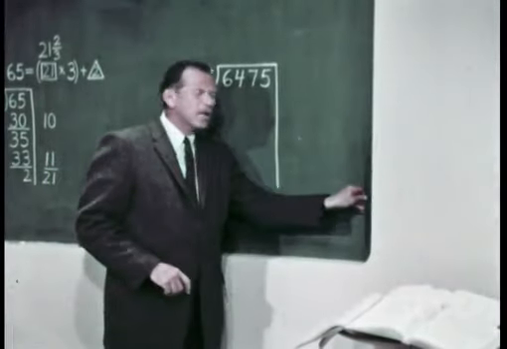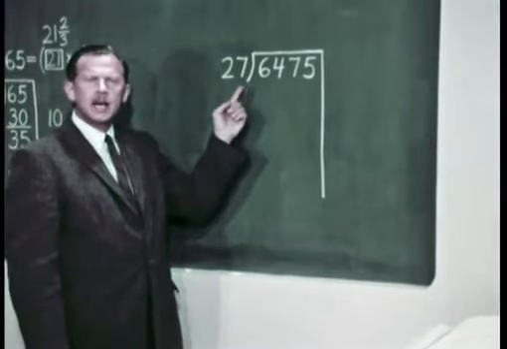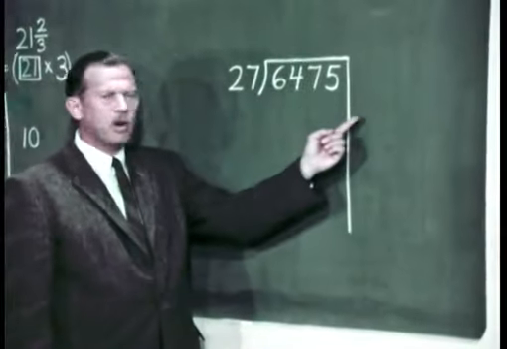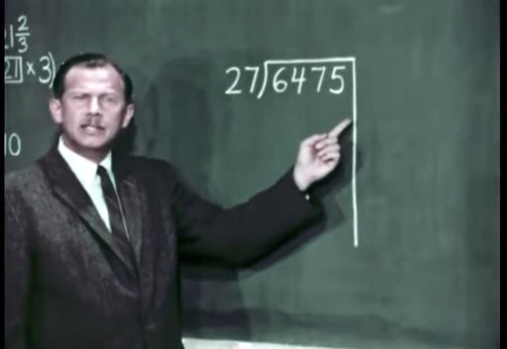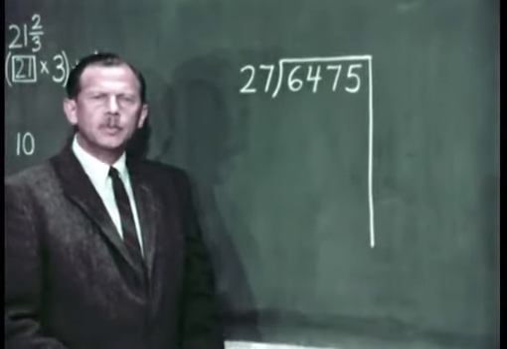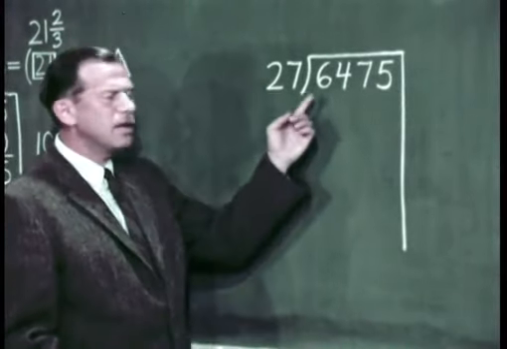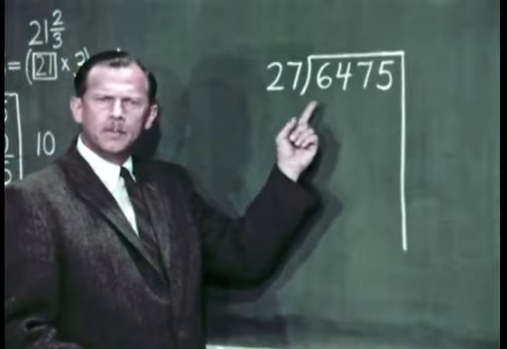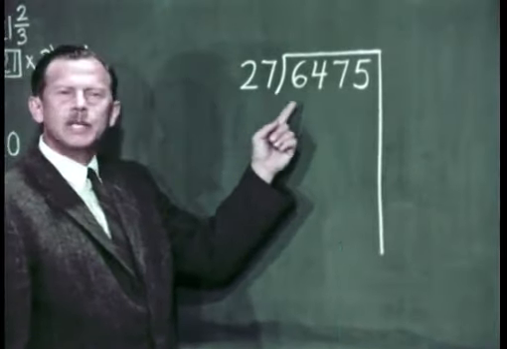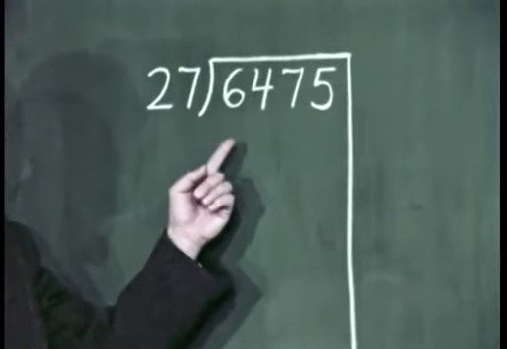When computing with larger numbers, it is usually easier to try multiples of powers of 10 as partial quotients. That is, multiples of 10, 10, 20, 30, and so on, multiples of 100, or multiples of 1,000, depending upon the problem. For example, here, which power of 10 should be considered? 10, 100, or 1,000?